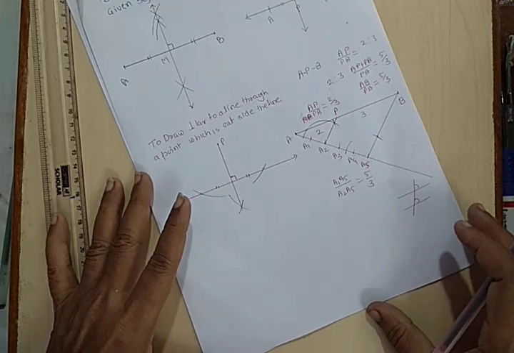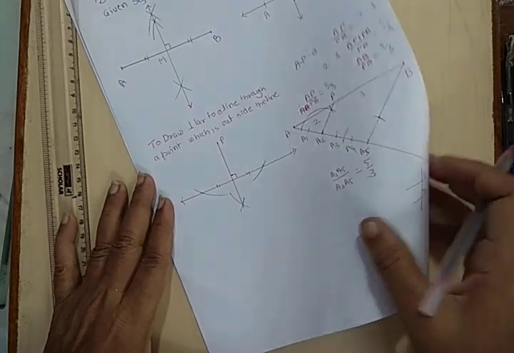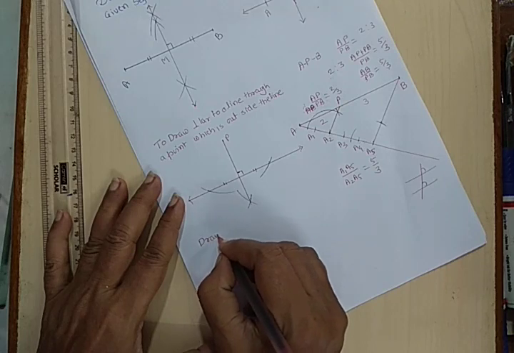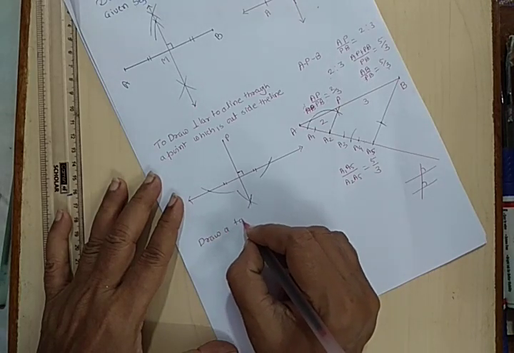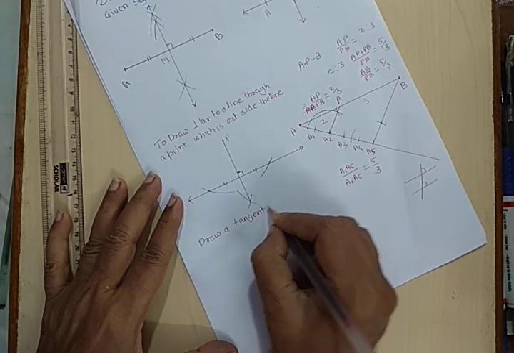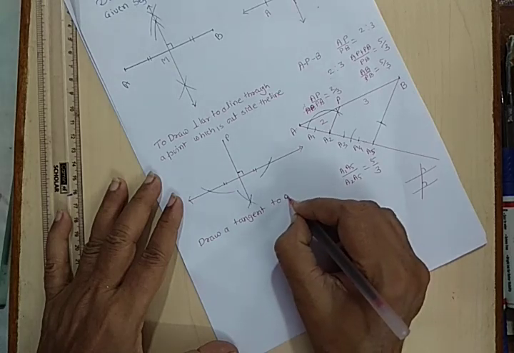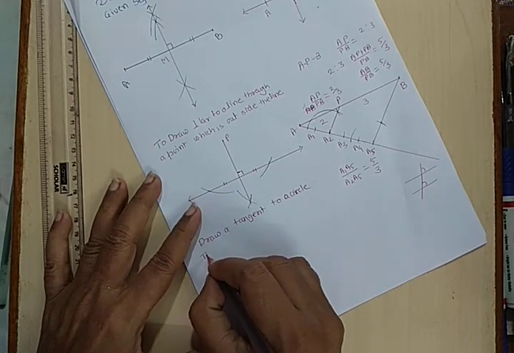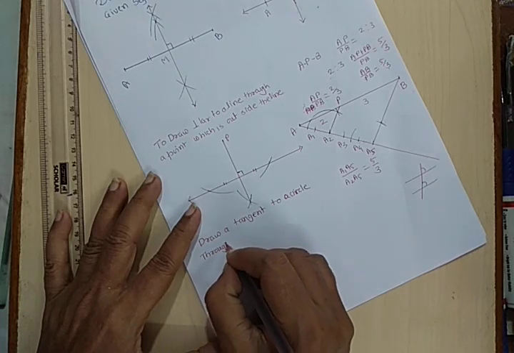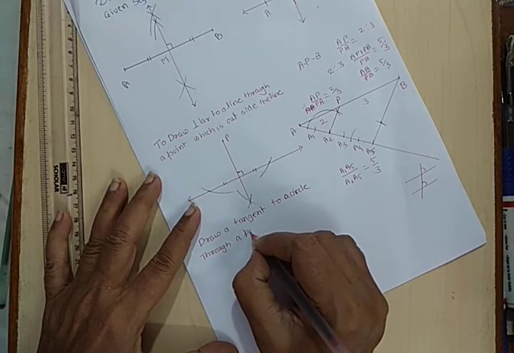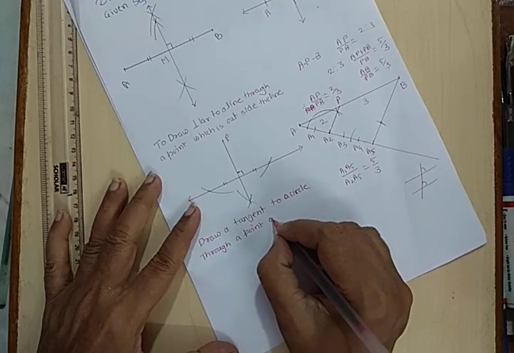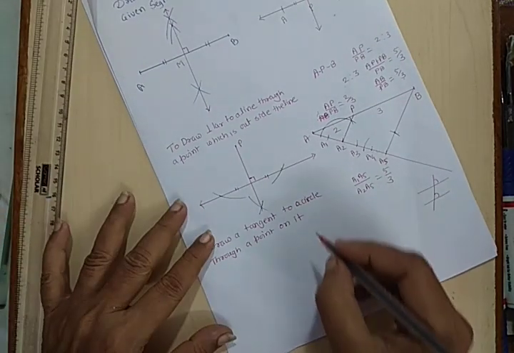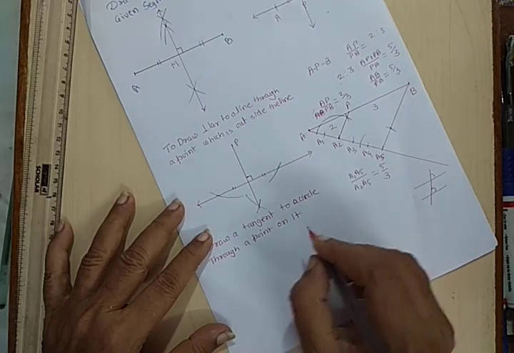Now I am going to explain a simple sum, that is, draw a tangent to a circle through a point on it. That is, here the point is on the circle.